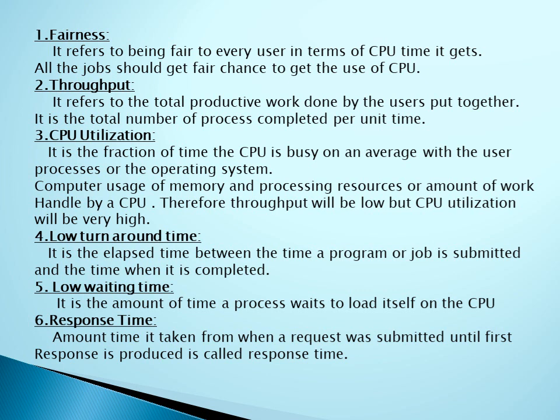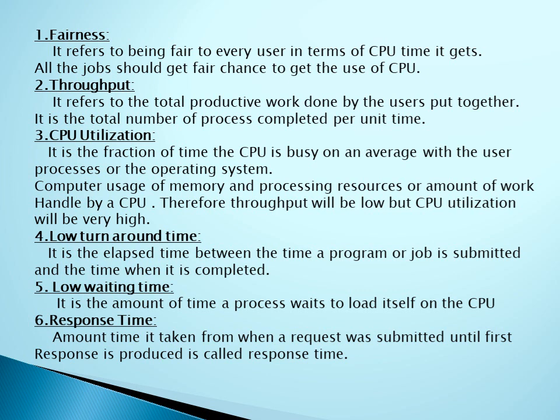Therefore, throughput will be low, but CPU utilization will be very high. As we have seen, processes can take the CPU when they undergo execution. So the total work done by those processes will be low, but the use of the CPU by the particular process will be high.